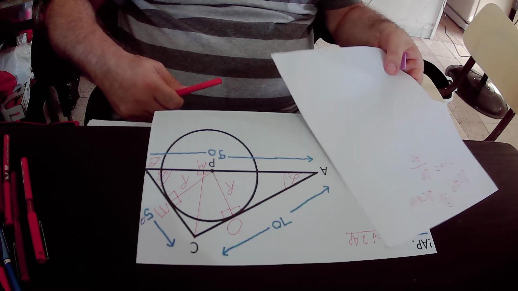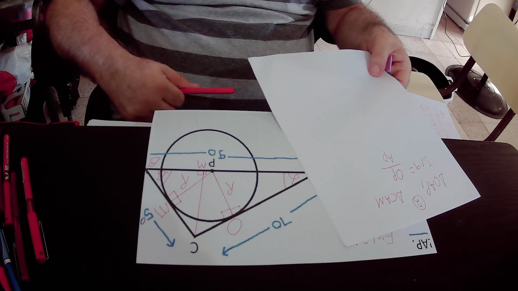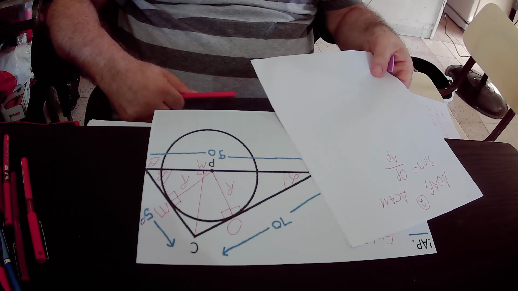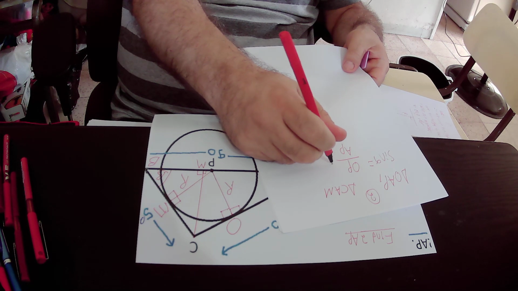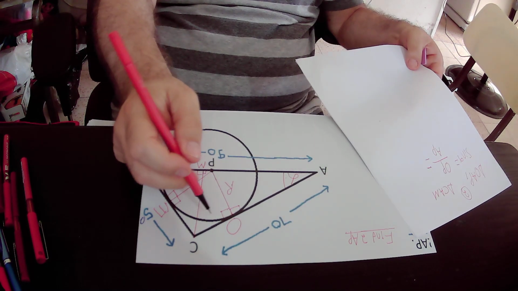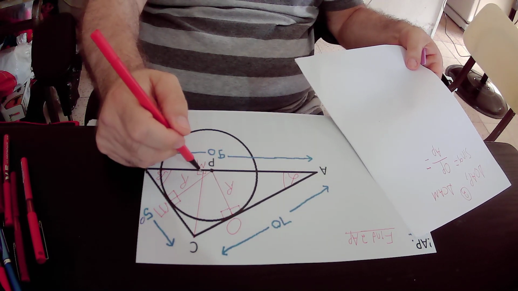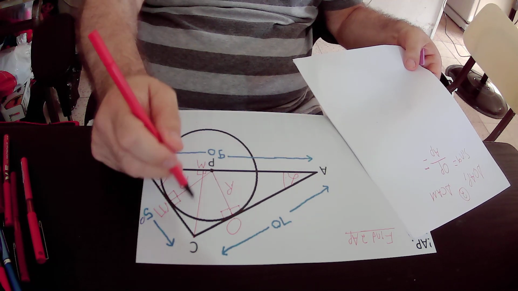Okay, so from one side, but if we also now focus on triangle CAM, that is also a right triangle.